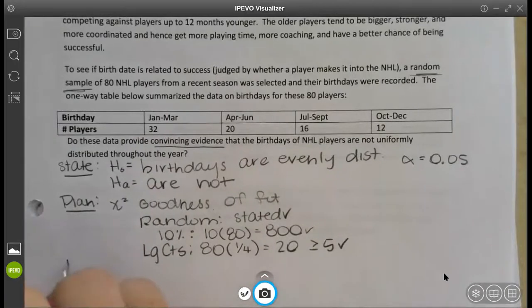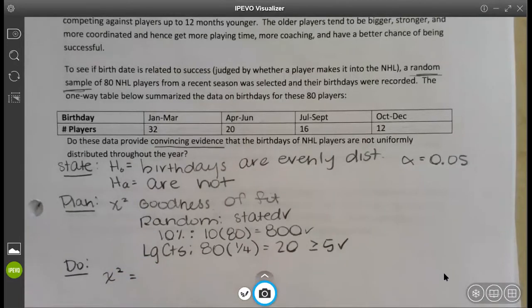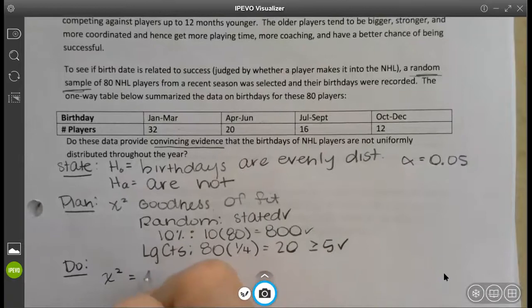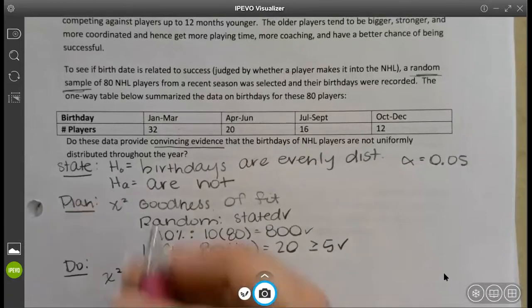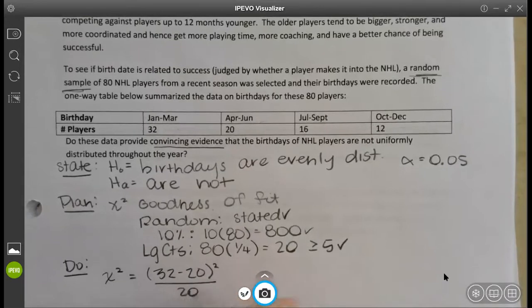All right. So we're going to calculate the chi-square. How do we calculate the chi-square? Well, we expected to have 20 for every category, so it would be 32 minus 20. So the first one, 32 minus 20 squared over 20.